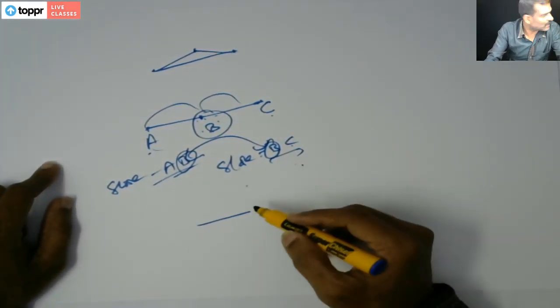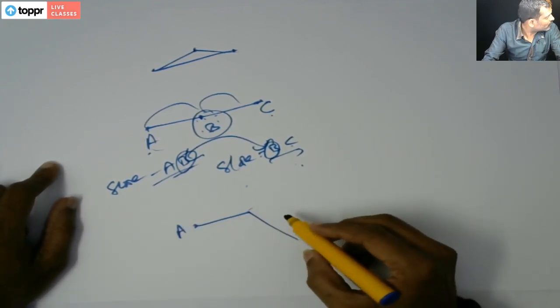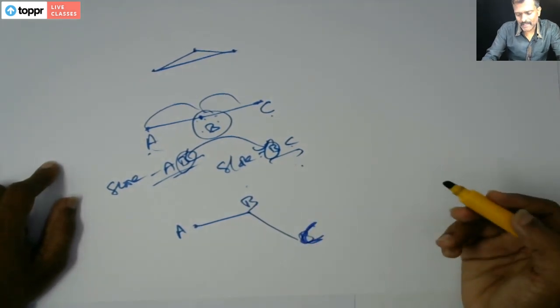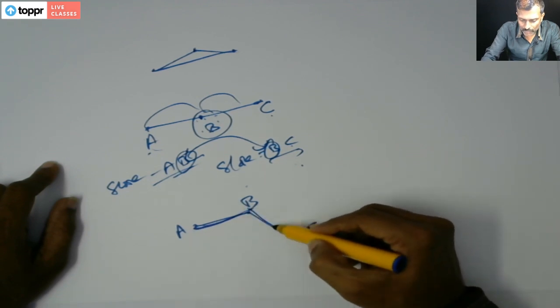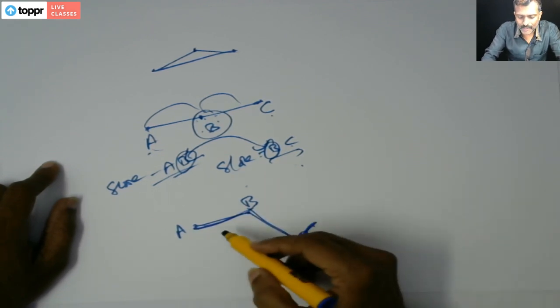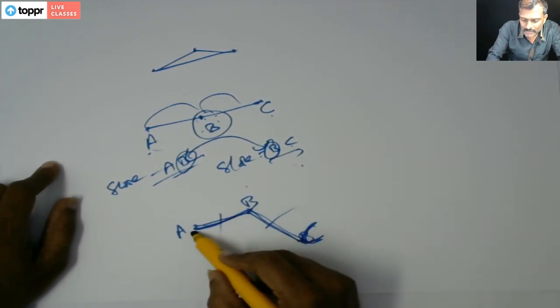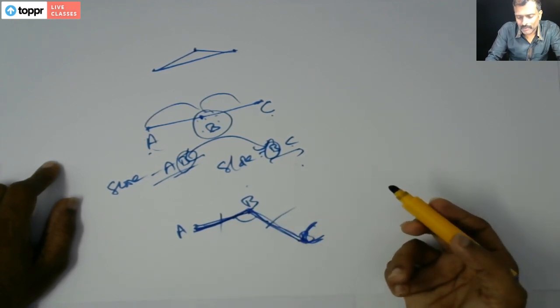Suppose the other way it can be is A is here and B is here and C is here. Now if you see, the slope of this line here is not equal to the slope of this line here. Right, these slopes are not equal, because you can see an angle forming here. That means this slope and this slope are not equal. Correct.